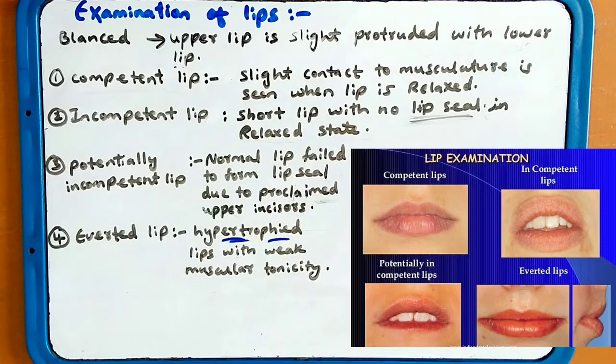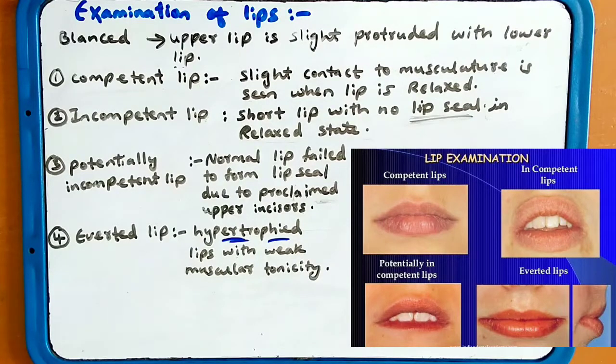So because of that, everted lip occurs with a weak muscular tonicity. As you can see in the picture, the lips seem a little bit swollen, but they are not swollen. They are hypertrophied. Four types of examination of the lip we can see: competent, incompetent, potentially incompetent and everted lip.